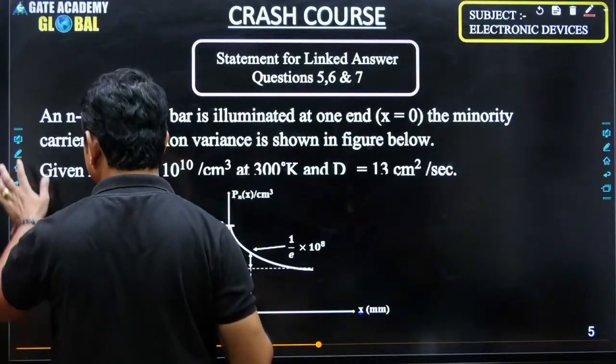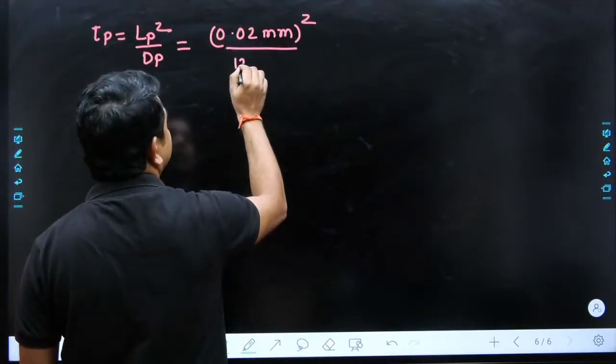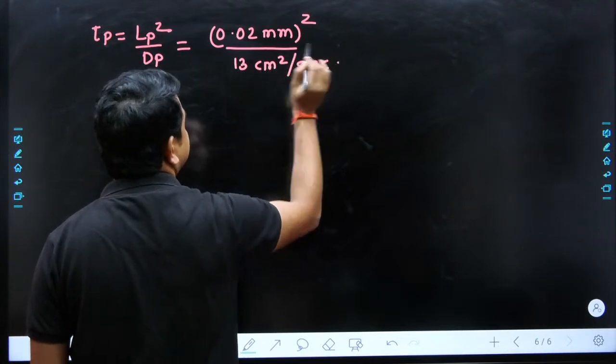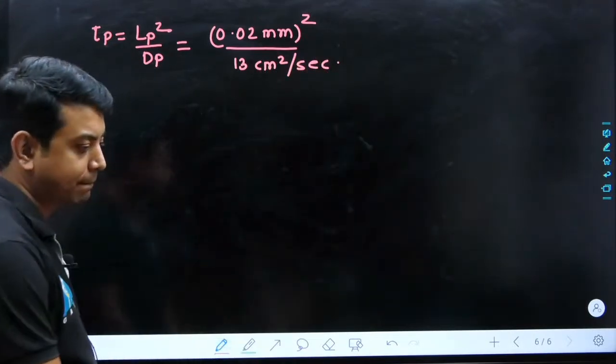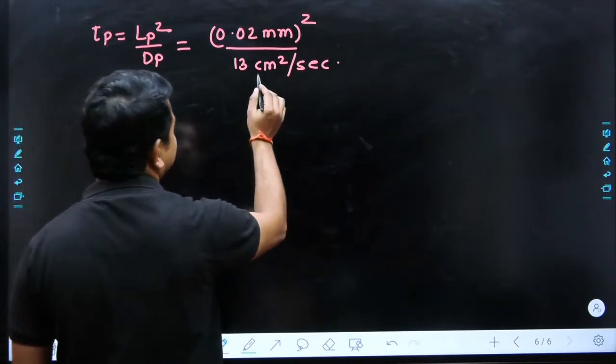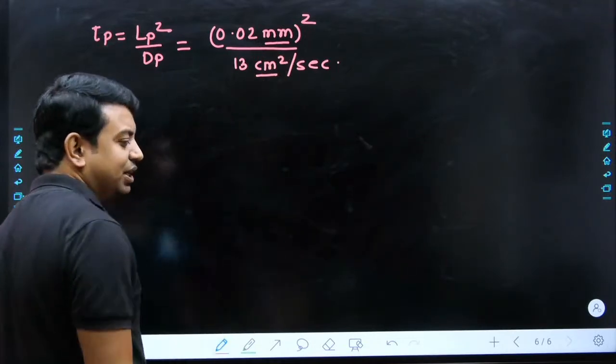So we just take 13 centimeter square per second. Here it has the unit centimeter square, and here it has the unit millimeter, which means one of the units has to be converted.